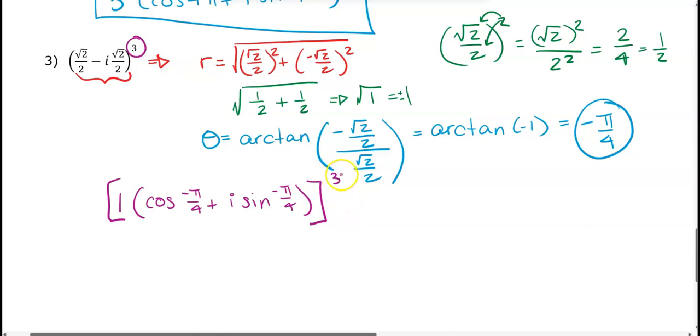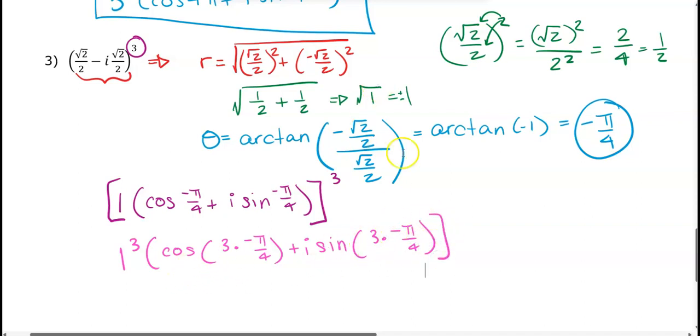So that means that I'm going to take my r value and raise it to the same exponent as what this is. So I have 1 cubed. And then I'm going to take this angle measure and multiply it by 3. So this is cosine of 3 times negative pi over 4 plus i sine of 3 times negative pi over 4.